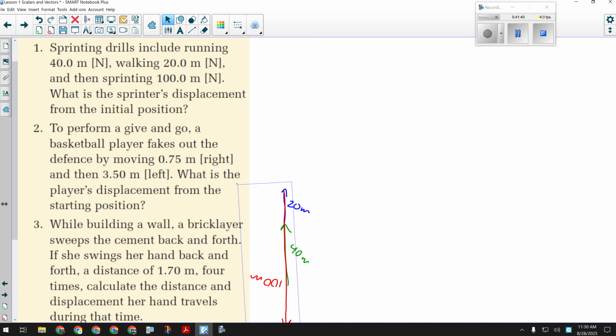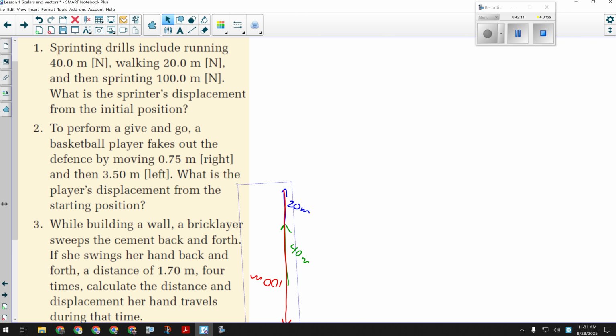If that last one was 100 meters south, then my total displacement at the end of this is actually going to be 40 meters south, because I'm going to go positive 40, plus positive 20, plus negative 100. Well, that's going to set you back. So when we draw our vectors, this is how we do it, and it gives us a visual representation of what the math is going to tell me. Kind of a way for us to check our work.